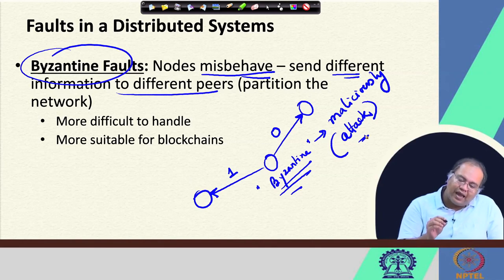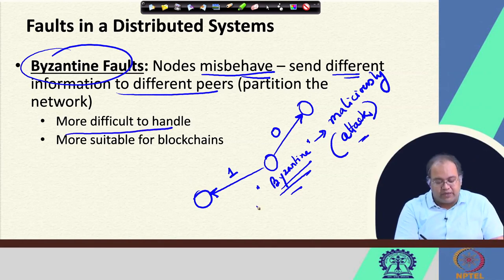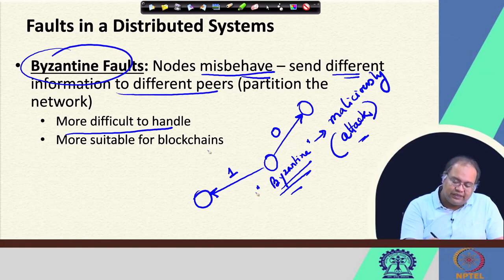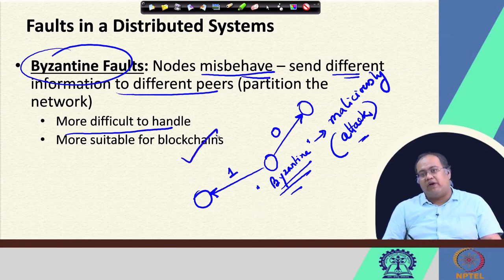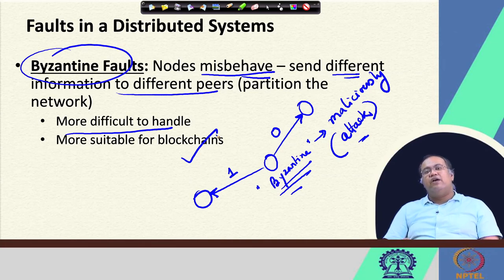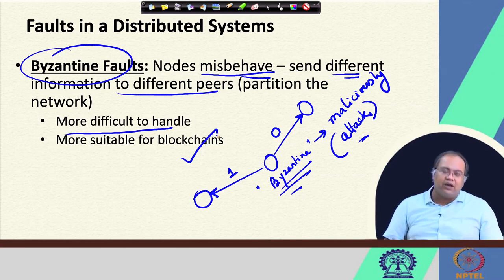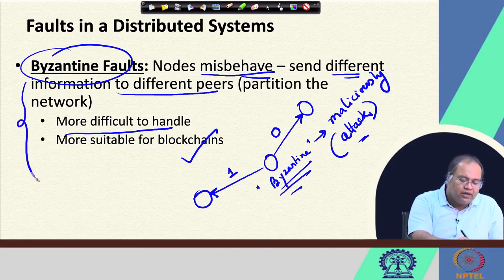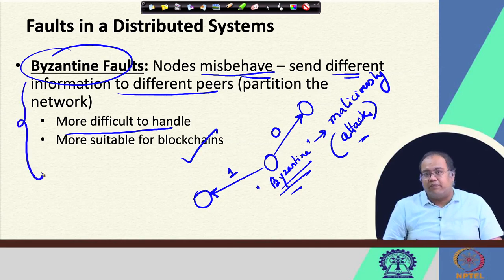Typically, handling these Byzantine faults is much more difficult compared to the crash fault, but Byzantine faults are more suitable for blockchain, because in the context of blockchain we assume that we need consensus because there are nodes which may behave maliciously, nodes which might give false information. So I need to find out whether that information is false or correct, because of which this notion of Byzantine fault is much more important in the context of blockchain.